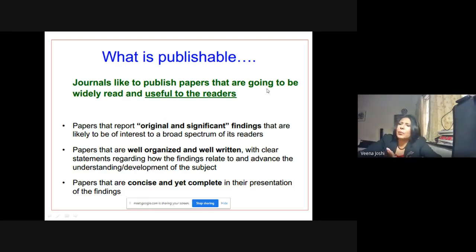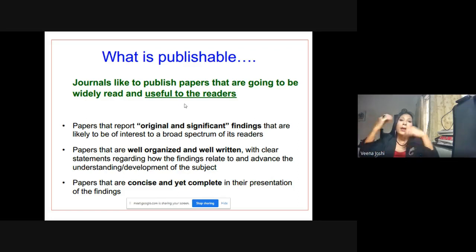What is publishable? Journals like to publish papers that are going to be widely read and useful to readers. In some way it is going to add something, either the methodology or the finding. So it is not just my biodata which I take care of.